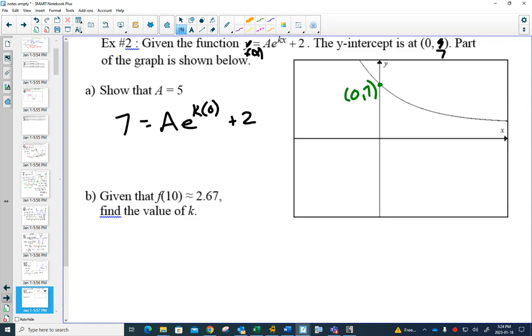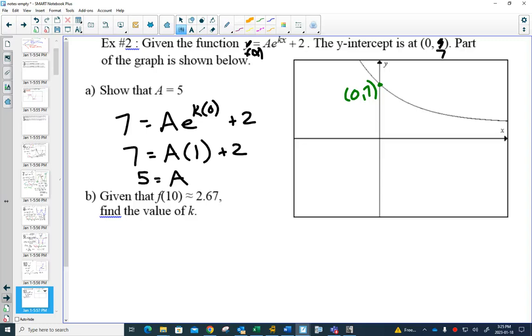K times 0 would be 0. What is anything to the exponent of 0? 1. So now I could just go, this is 7 = a times 1 plus 2. So I solve that, a is equal to 5. Okay?